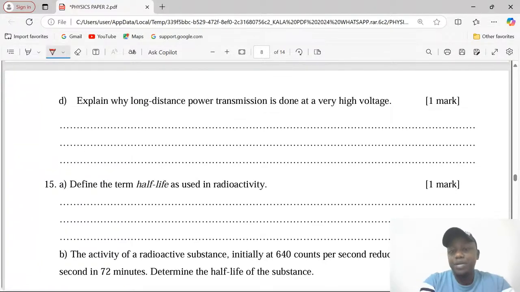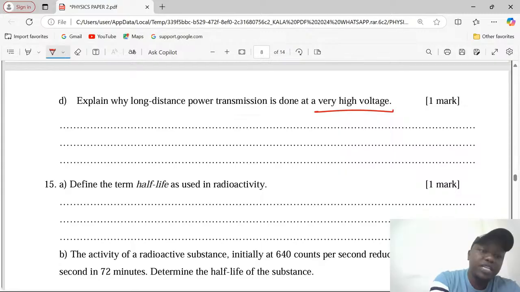When there is a stepping up of voltage, current is down. Therefore, the heating effect during transmission in the cables is going to be lower, and hence power loss is minimized.